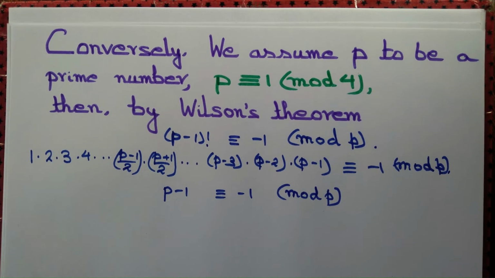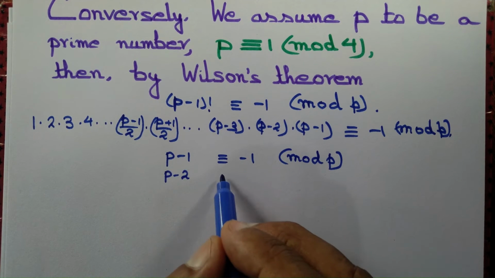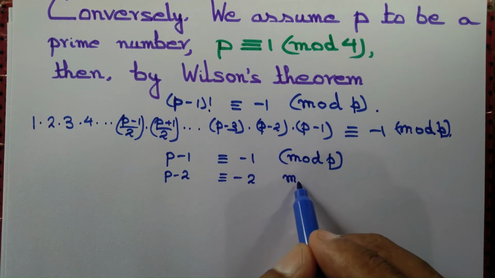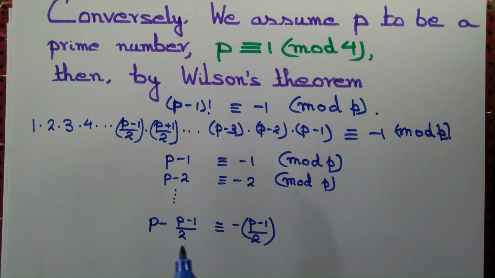That's right. And then p minus 2 is congruent to minus 2 mod p. We continue this way to say that p minus of p minus 1 by 2 is congruent to minus of p minus 1 by 2.